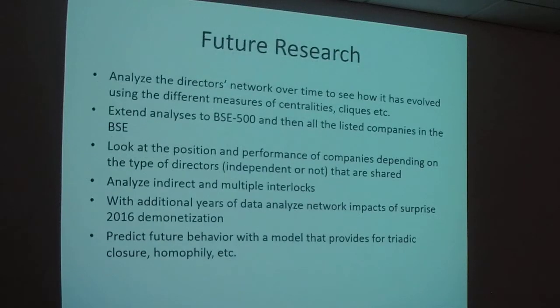My plan going forward is to try and get more data on this. It's behind a paywall, so I'm trying to get some funds to buy that data. But so analyze the directors network over time, increase the number of companies, look at additional years of data to see what are the longer term impacts of the 2016 demonetization, and then possibly do a model that provides for modeling where triadic closure and homophily.